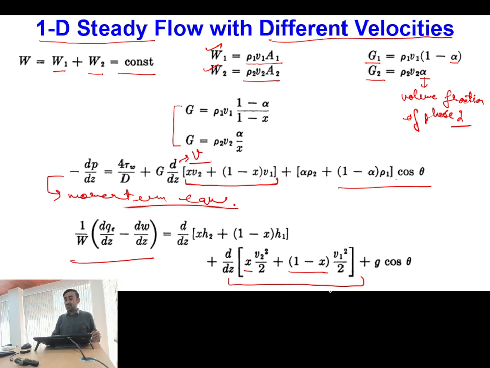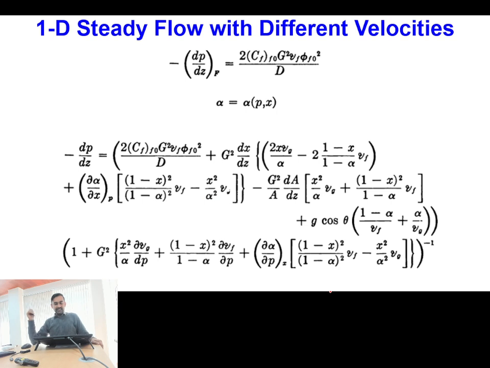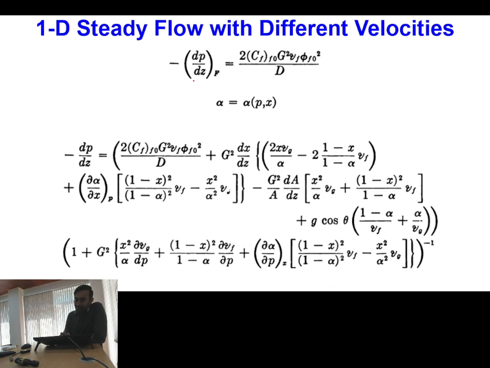So these equations are identical to the homogeneous flow equations, like combined phase equations, but the only difference is that in place of the same homogeneous velocity for both phases, now we have two different velocities for the individual phases.